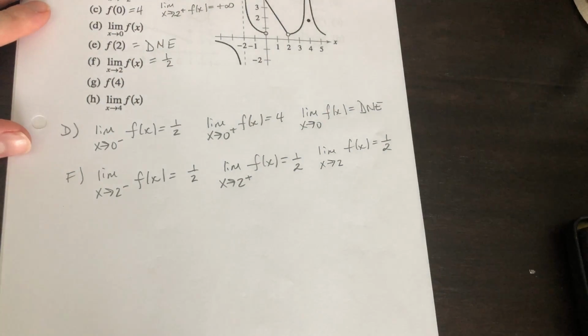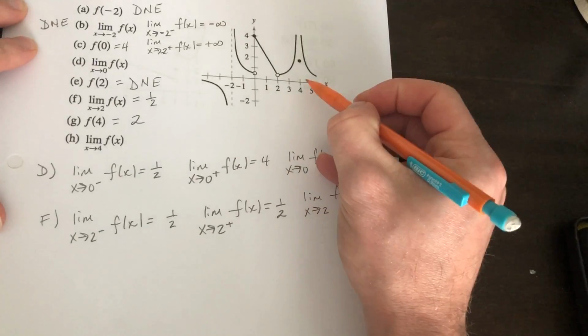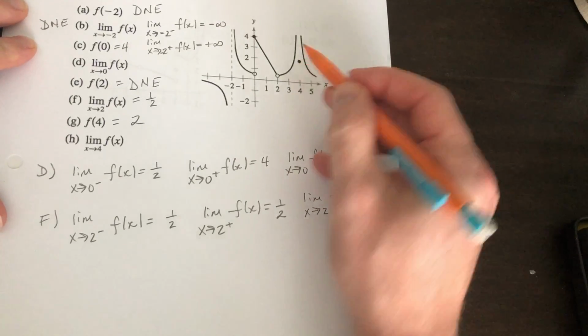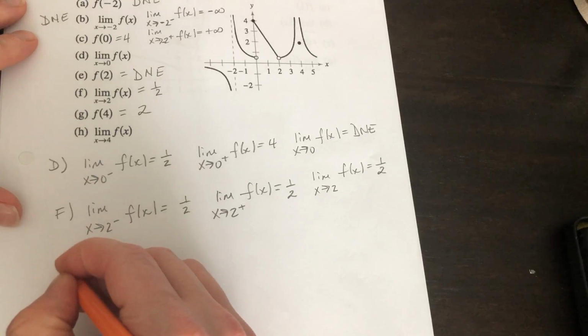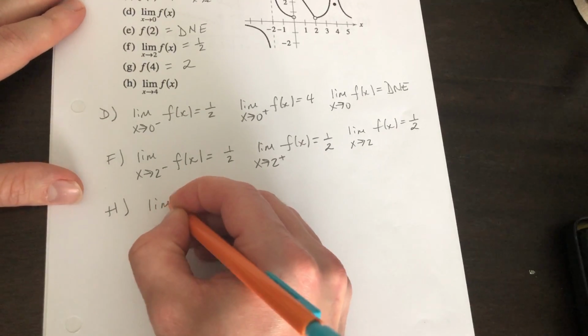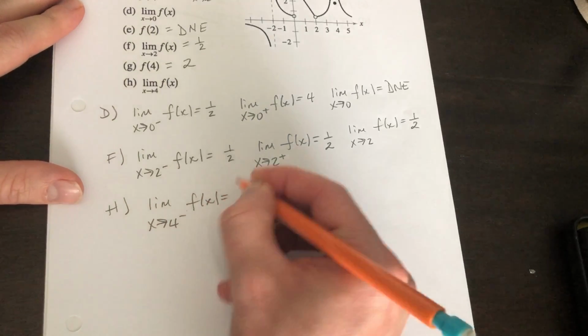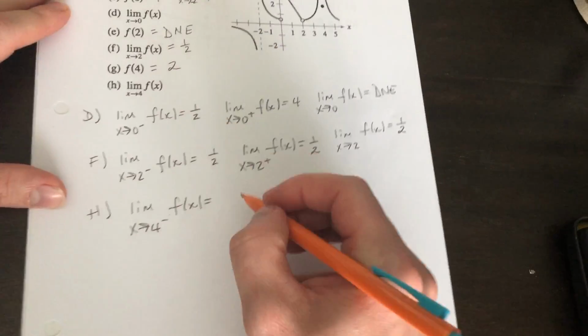Okay, f of 4 is equal to 2. We're looking for the solid point at x is equal to 4, so it's this point right here. And h. So we'll take the limit as x approaches 4 from the left-hand side. Okay, so it's going to go up to positive infinity.